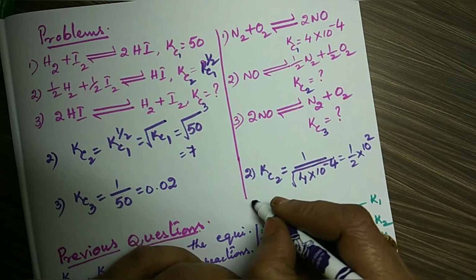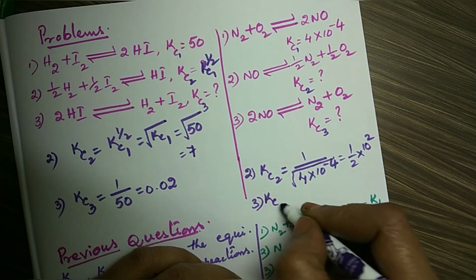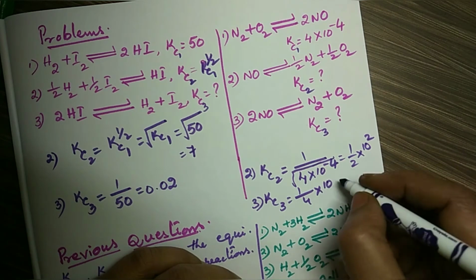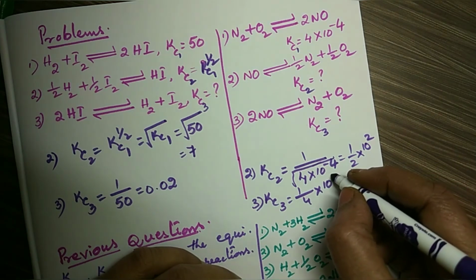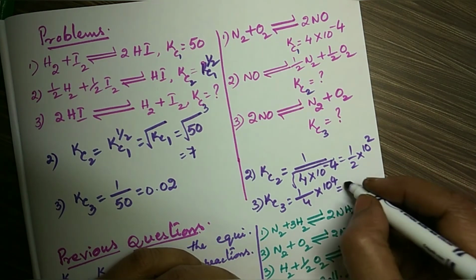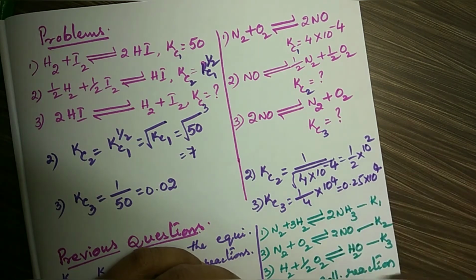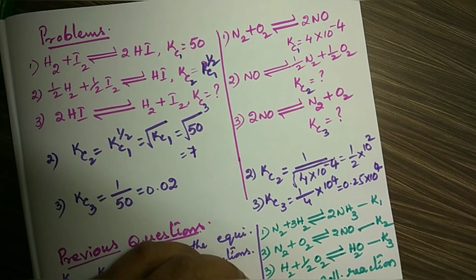For the third one, Kc3 is equal to 1 by 4 into 10 power 4, which is 0.25 into 10 power 4. This is the answer, right?